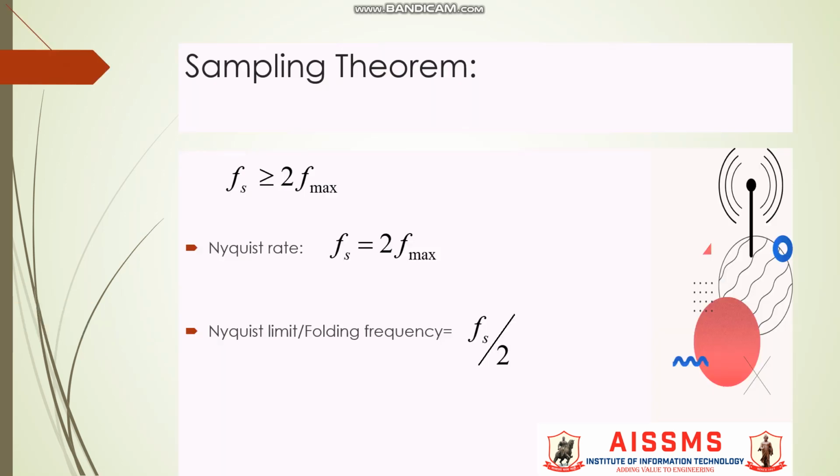That is, Fs must be greater than or equal to 2 Fmax. Here, Fs equal to 2 Fmax is the Nyquist rate and the folding frequency is half the sampling frequency.